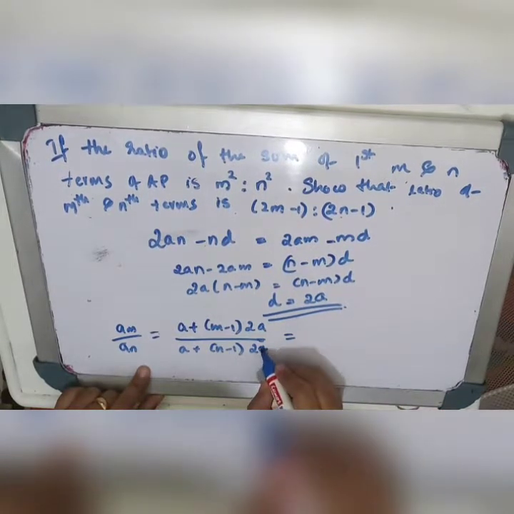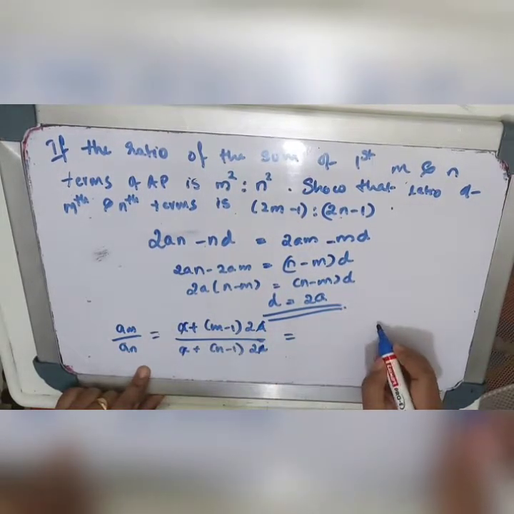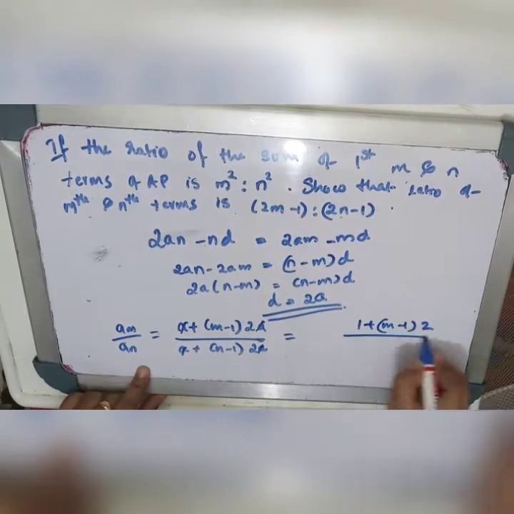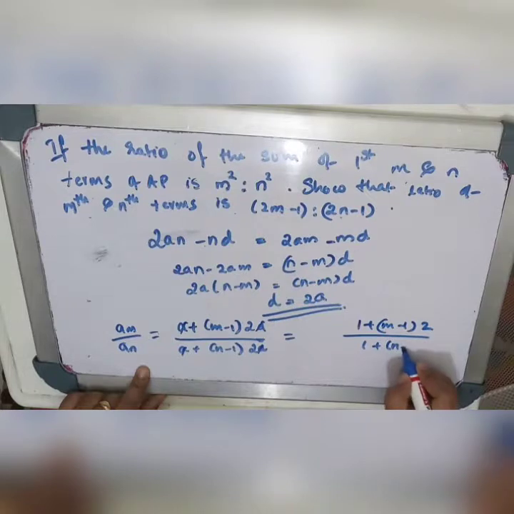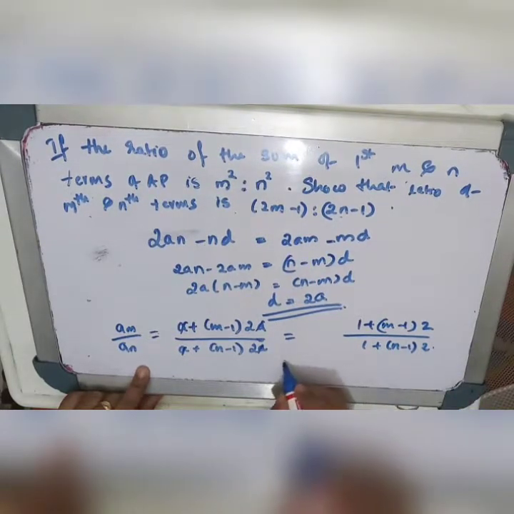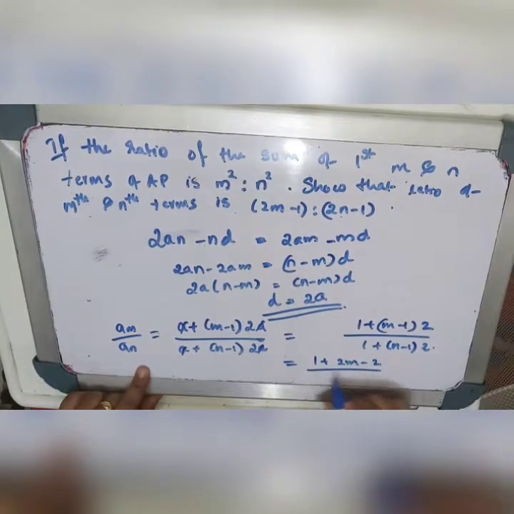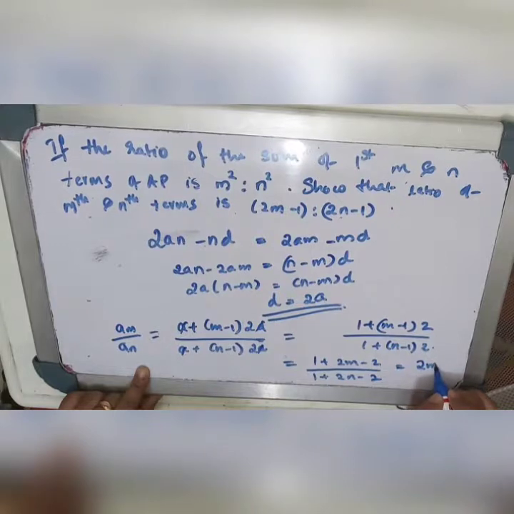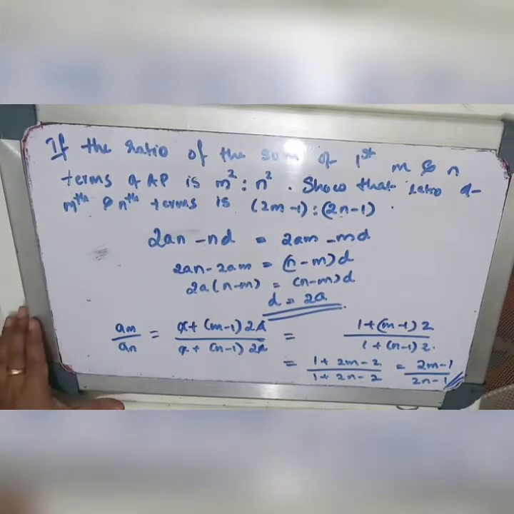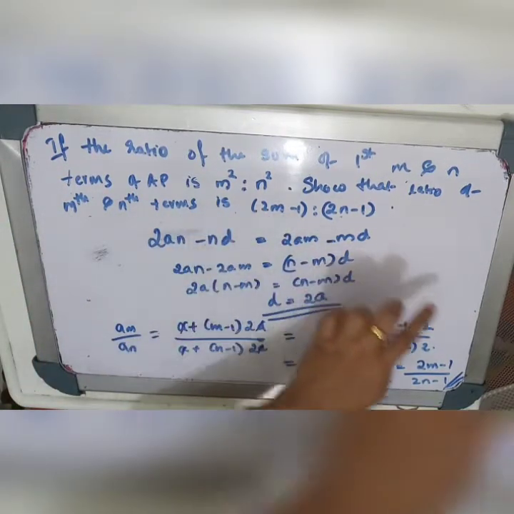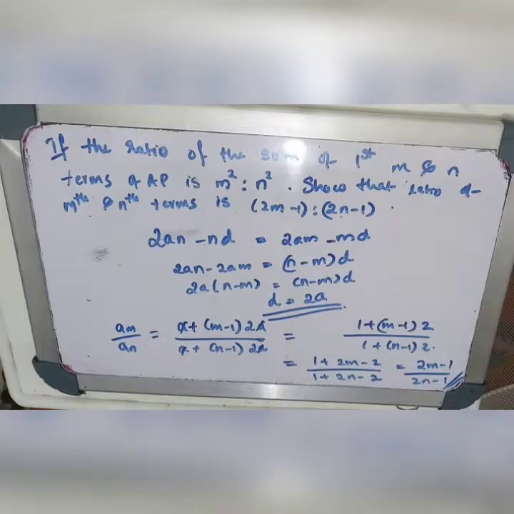Okay, so cancelling a from all, we have 1 plus m minus 1 into 2 by 1 plus n minus 1 into 2. Let's open the brackets, 1 plus 2m minus 2 by 1 plus 2n minus 2, that is 2m minus 1 by 2n minus 1. So we have proved that the ratio of the mth and nth terms is 2m minus 1 is to 2n minus 1.